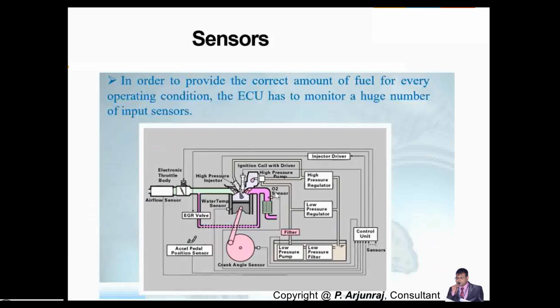It can be either direct injection or the multi-point fuel injection system. Irrespective of that, this system will give the signal, and accordingly the quantity of fuel getting injected will vary.